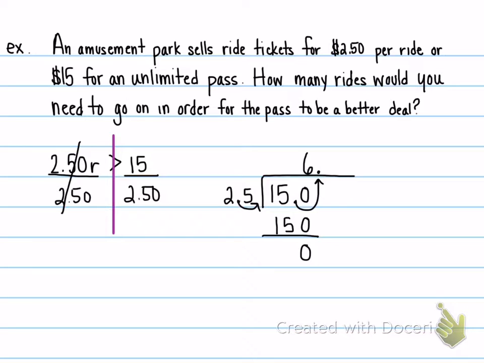If you go 7 times, now you've only paid $15. If you went ride by ride, it would have been $17.50. So we're going to say R has to be greater than 6 for the pass to be a better deal. And the graph of that looks like this. It's got to be open at the 6 because 6 would make it equal. You don't want that. And the number has to be greater.